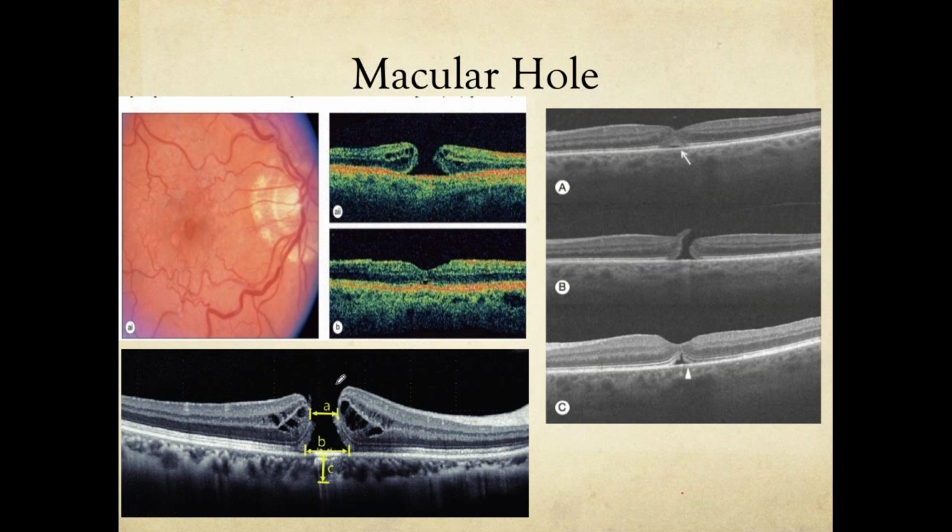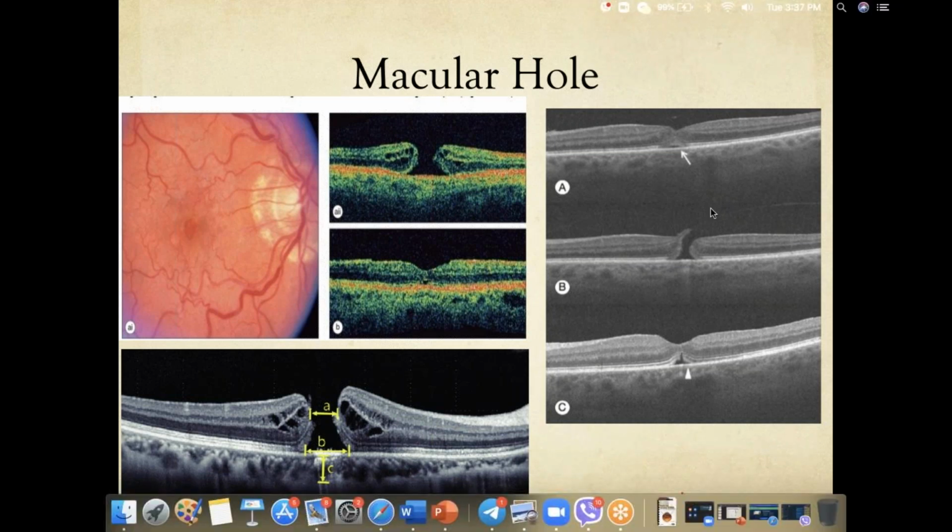So in eyes which already have 6/12, you don't want to do the surgery, filling up with a gas, converting it into a pseudophakic or aphakic eye, then after the gas dissolves away in time, the patient lands up with a vision of just 6/36. So that's not something you want.